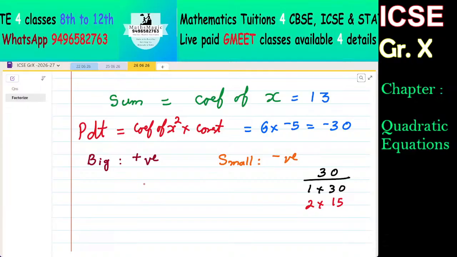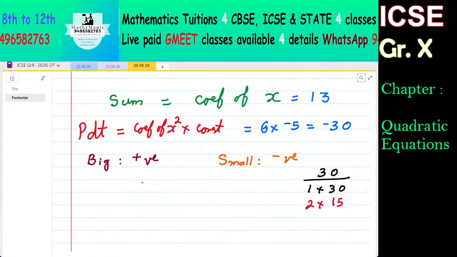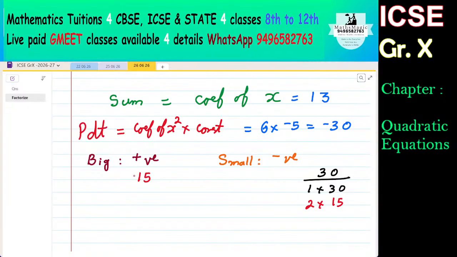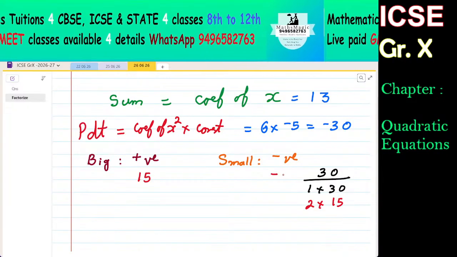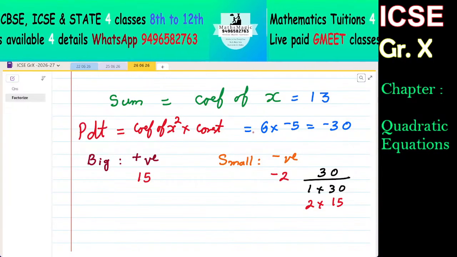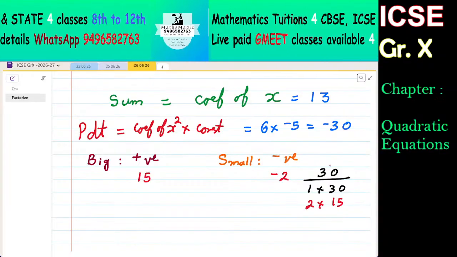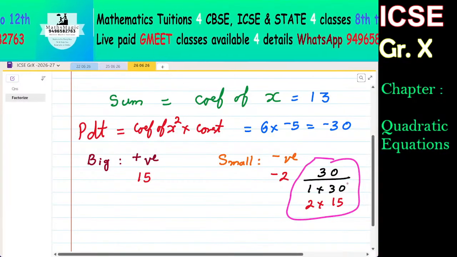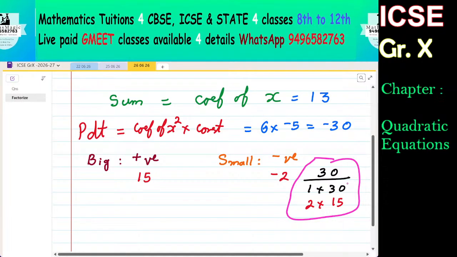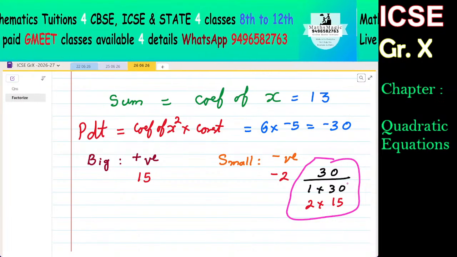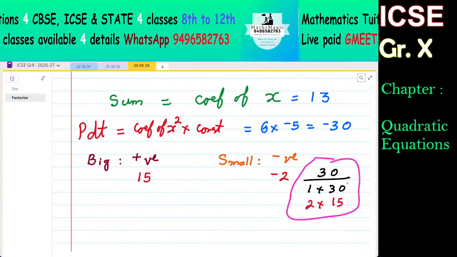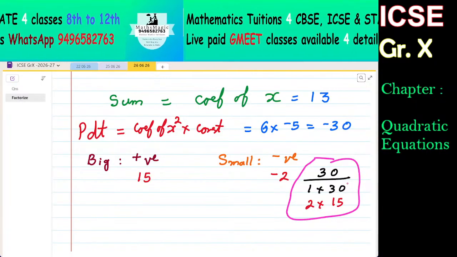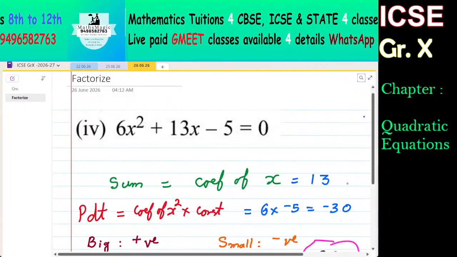So, we got the big one as positive 15 and the small as -2. Hope you have understood what we have done here. Better to go for the factors of the product rather than going for the sum, which most of the times will land you in smaller troubles.